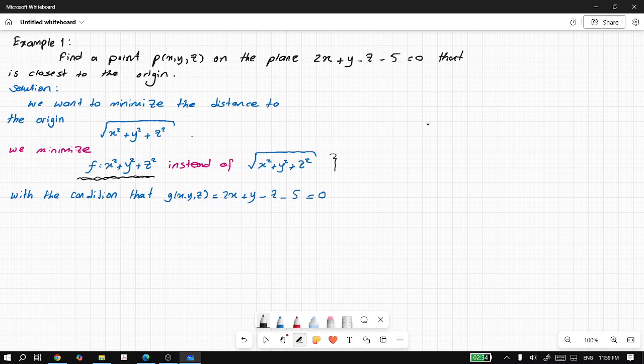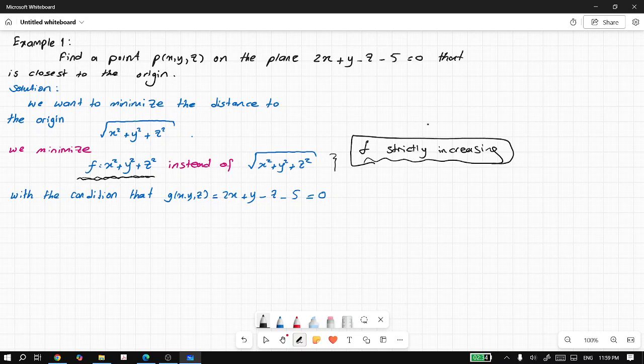Why? Because that f that we have got is strictly increasing. Okay? So the only case that we can change the function that we have got to something else is if f is strictly increasing.